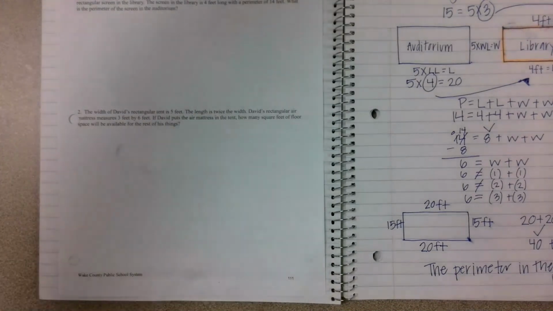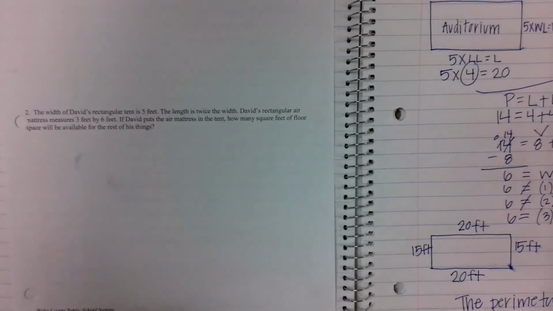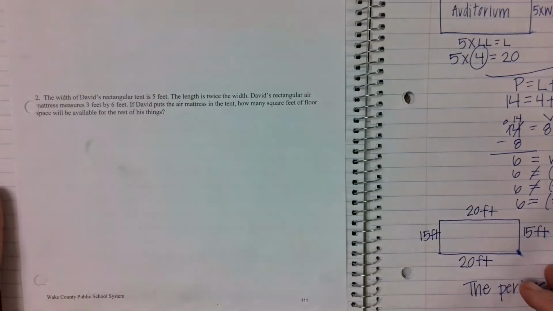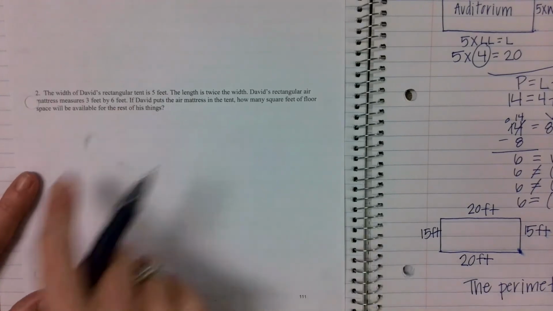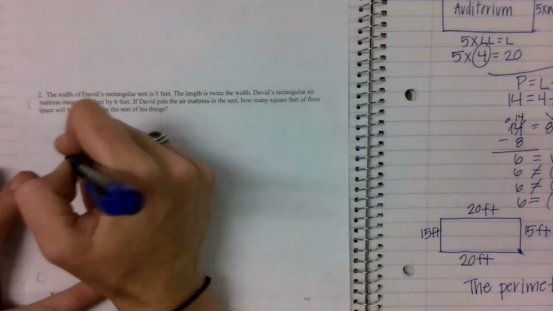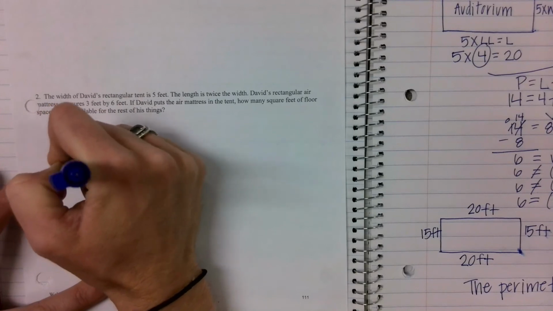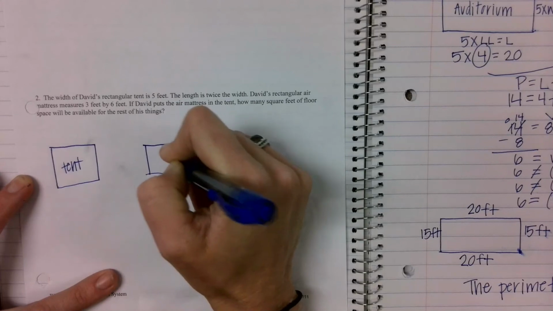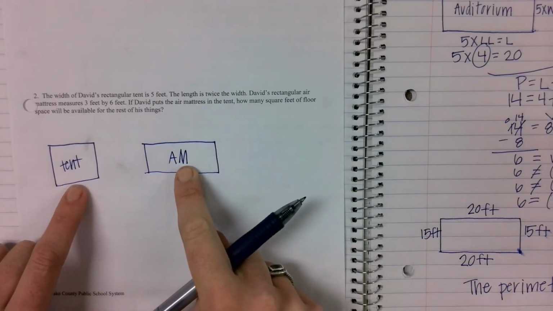If David puts the air mattress in the tent, how many square feet of the floor space will be available for the rest of his things? So, I know I have two things. I have a tent and I have an air mattress. Tent, AM, stands for air mattress.